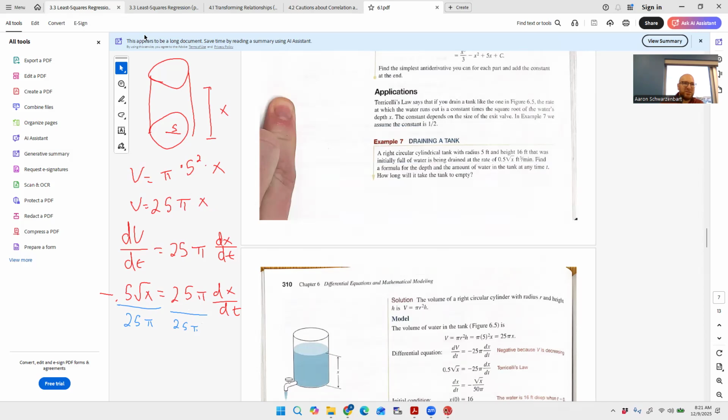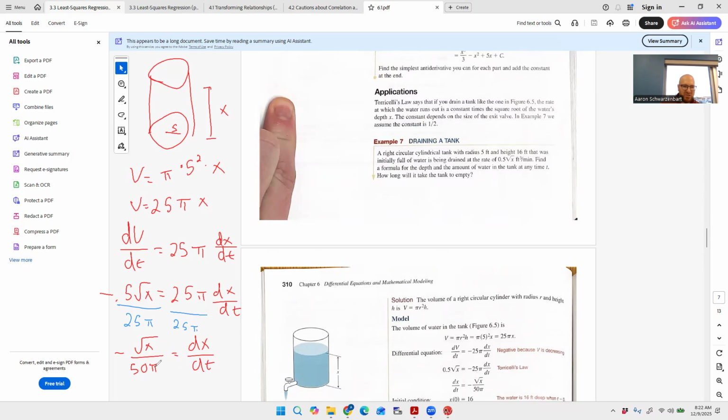This makes sense so far? 0.5 over 25, I'm going to simplify to 1 over 50. Good so far.